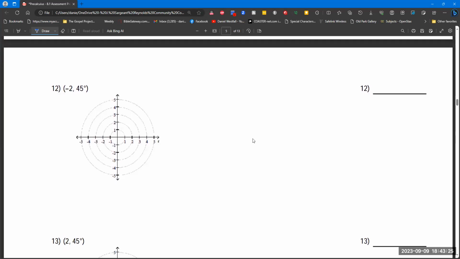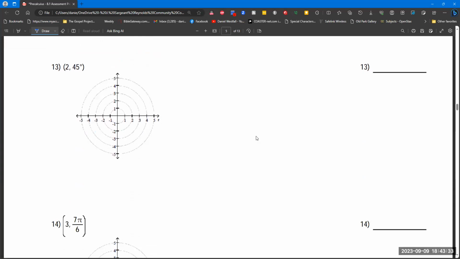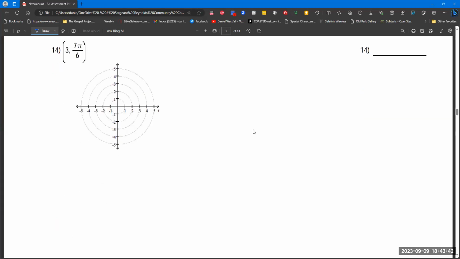-45, negative 2. And 45 degrees, 2. 7 pi over 6 is a 30-degree reference angle down here in quadrant 3. Go 1, 2, 3.